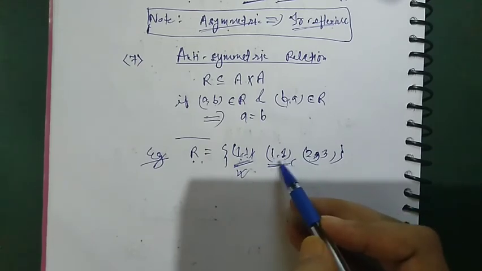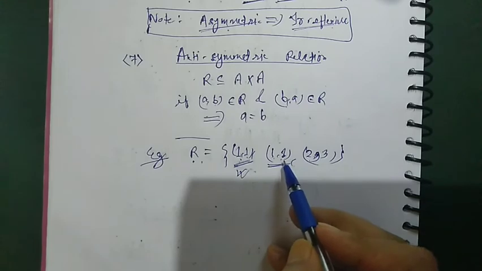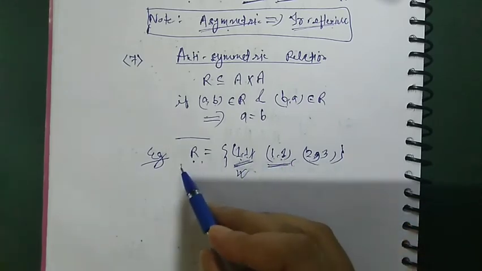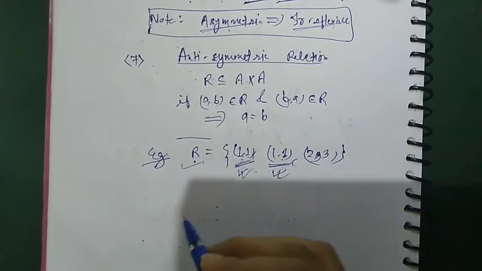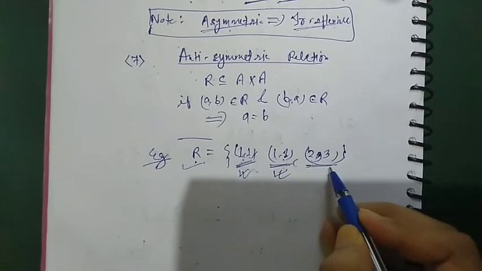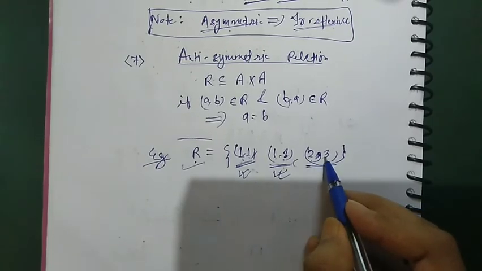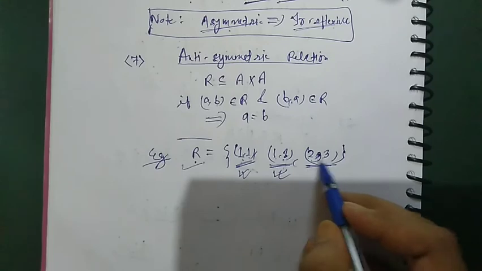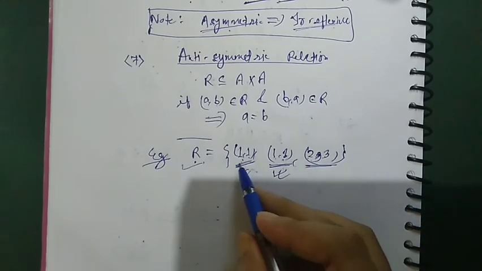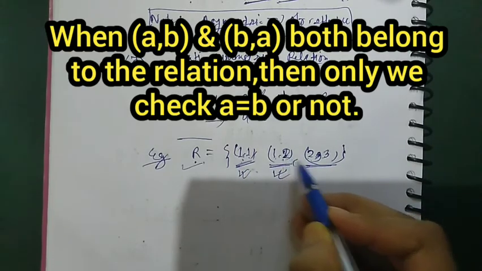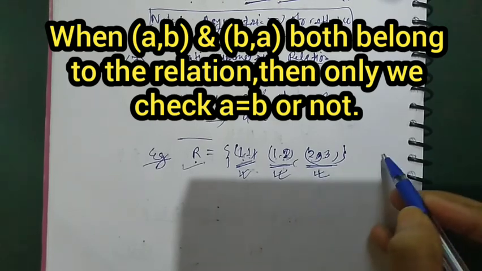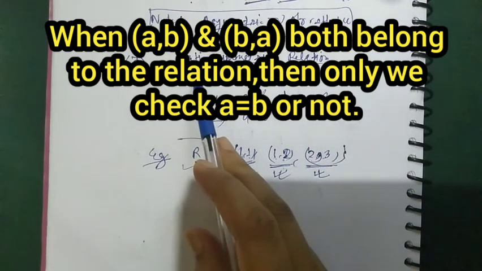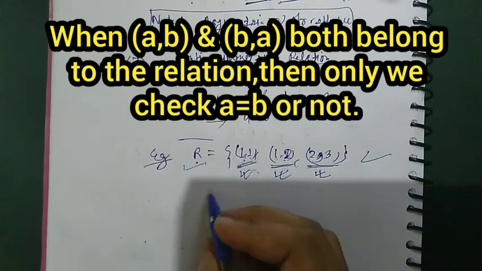The converse of 1, 2 is 2, 1, but 2, 1 doesn't belong to this relation, so this is okay for this element also. Now check the element 2, 3. The converse of 2, 3 is 3, 2, which is again not present here. So this is okay for this element also. So this relation forms an antisymmetric relation.